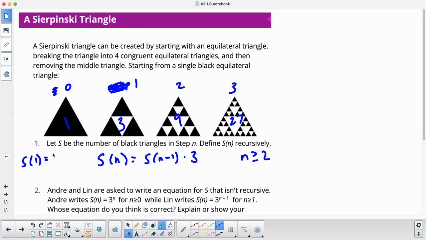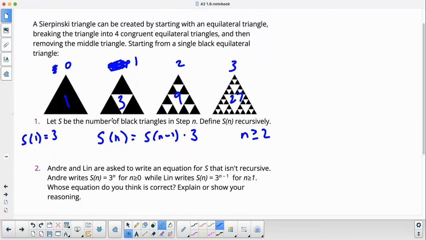It's a little tricky, depending on how it's worded, and this one isn't very clear. So for what we're doing, we'll say that this is step 0 and this is step 1. We'll say S of step 1 is 3 because he technically hasn't divided any triangles yet. So he starts with this and then he divides it.